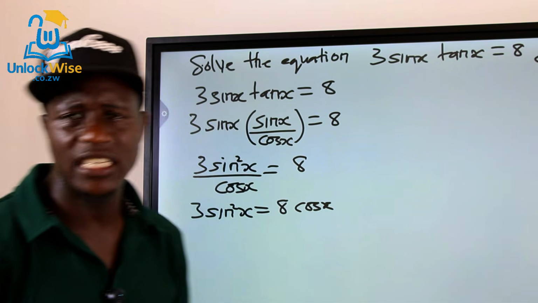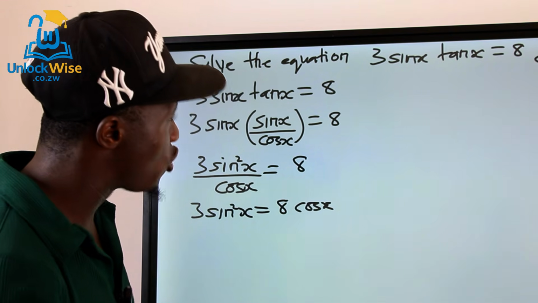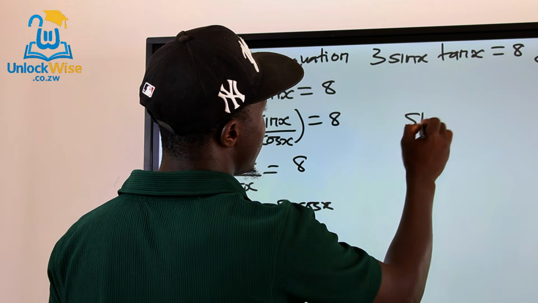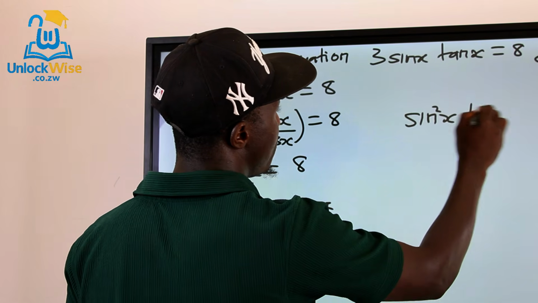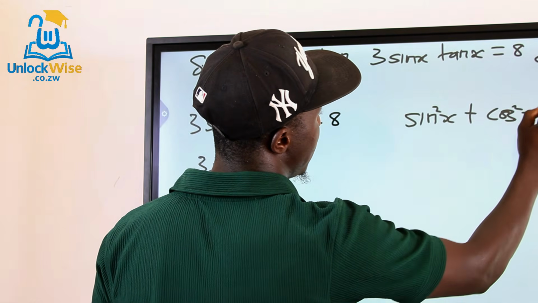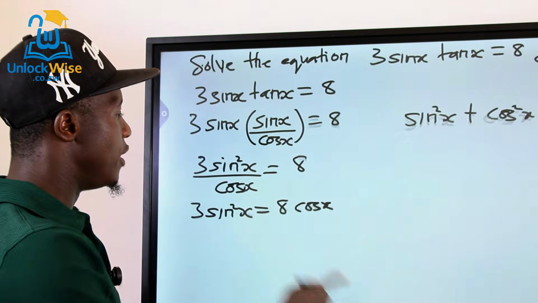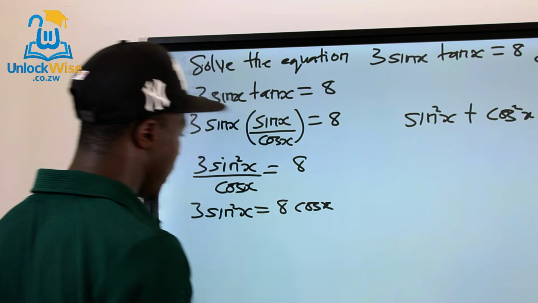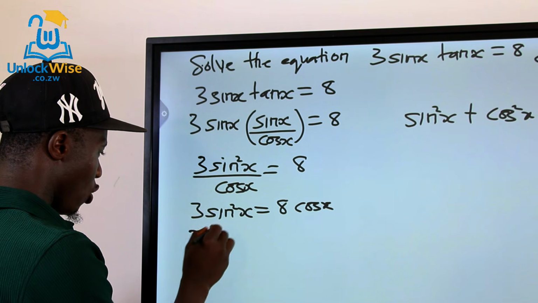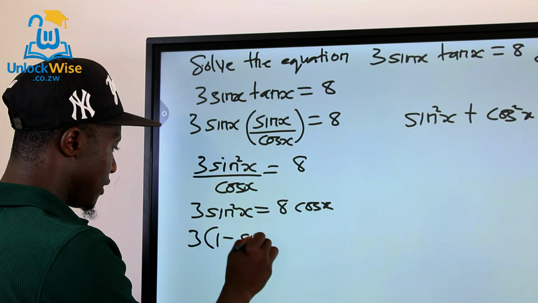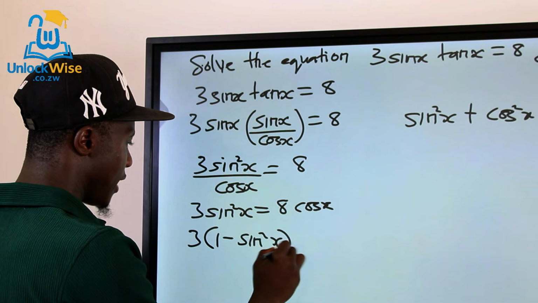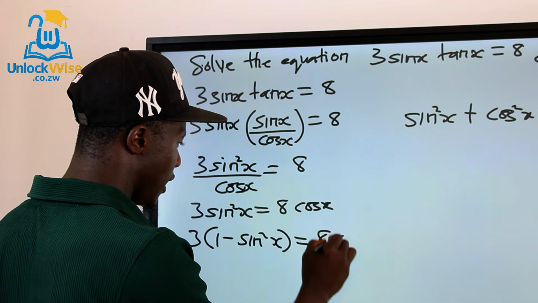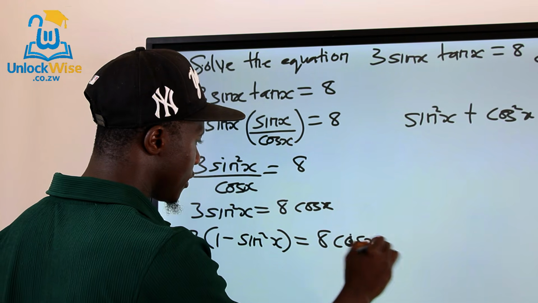Now, what is the identity of sine squared x? From our last topic, we had to say sine squared x plus cos squared x is equal to 1. So the identity for sine squared x equals 1 minus cos squared x. So I'm going to say 3 open bracket 1 minus sine squared x is equal to 8 cos x.